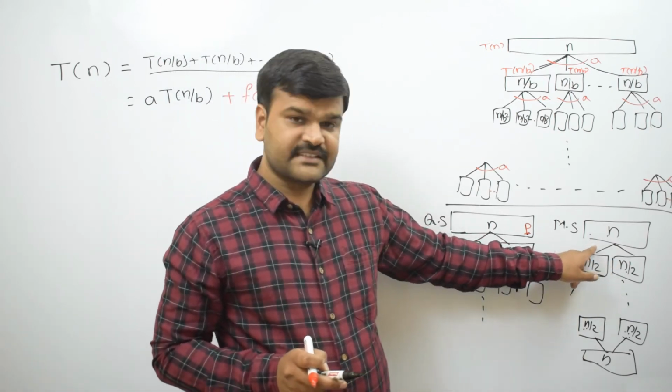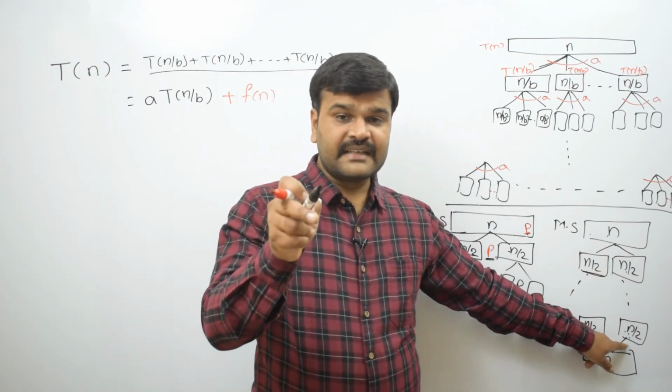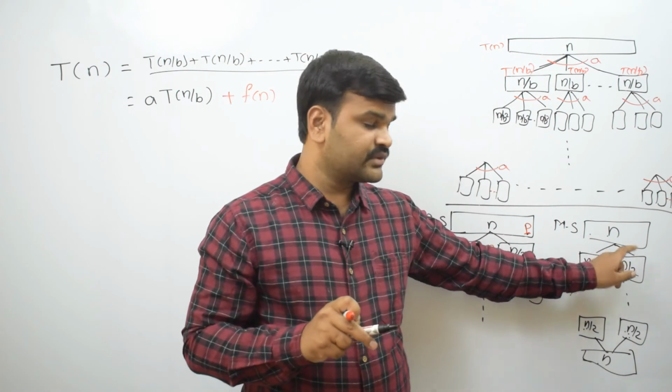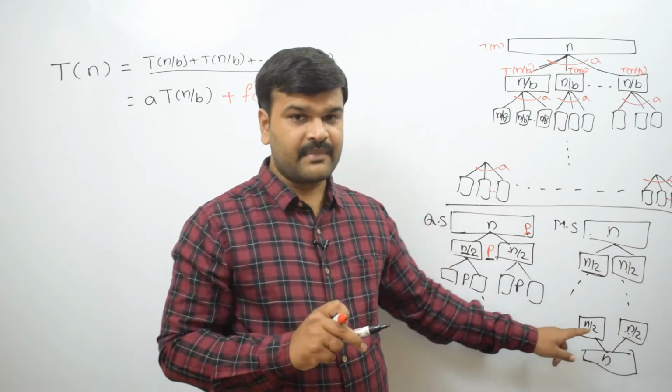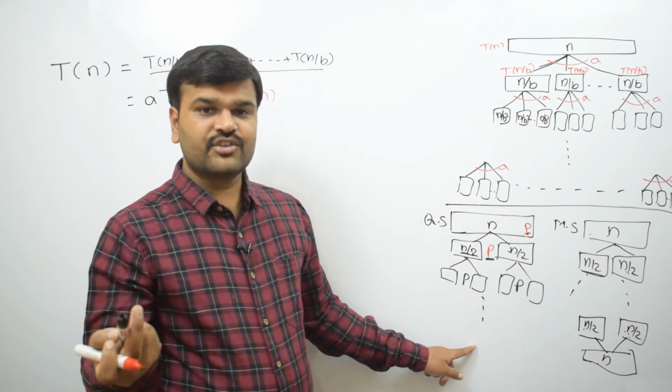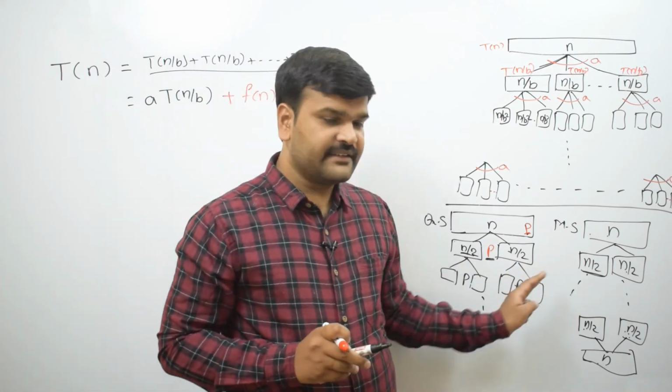In case of merge sort, you have to combine, so that will take some amount of time based on input size. Here you are not combining, so that is taking constant time. That is the main difference between these two.